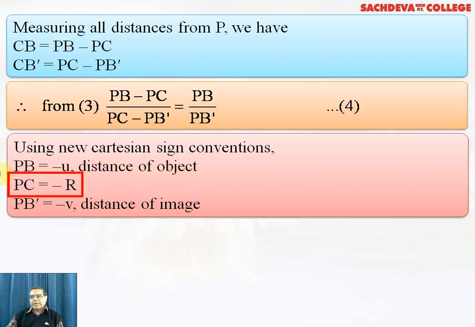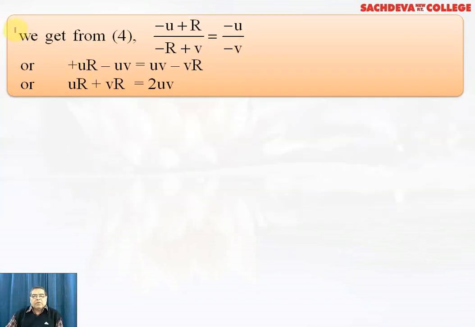PC is taken as minus R, it is also towards the left, and PV dash is taken as minus V, that is the distance of the image. Now we get from equation 4 the following: minus U plus R divided by minus R plus V, and that is equal to minus U over minus V.